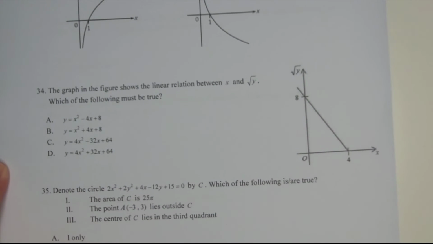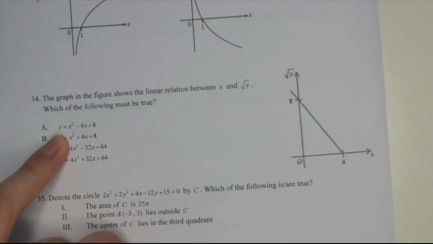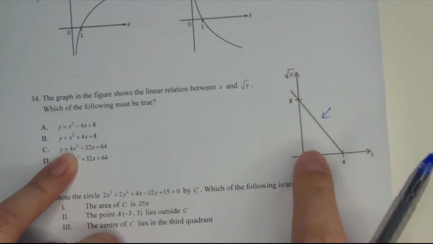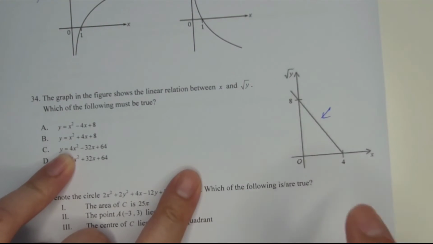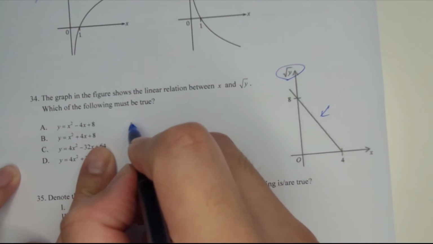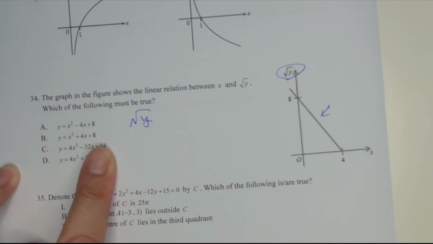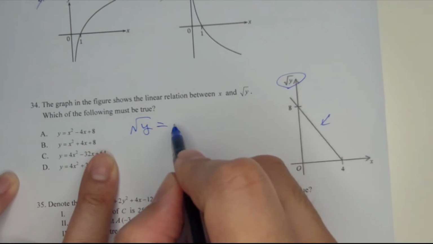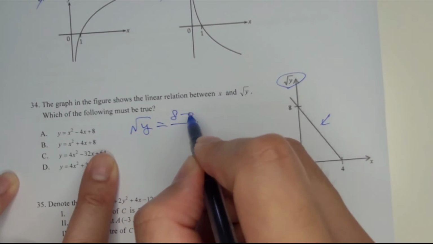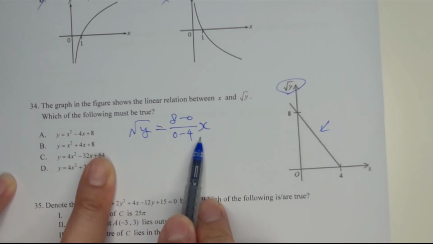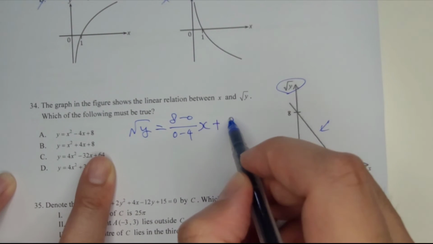So question number 34, you need to find the relationship between x and square root y. So you treat this one as a straight line, but what we can do is treat this as a vertical variable, something like this, equals the slope of the straight line, that is (8 minus 0) over (0 minus 4), times the horizontal variable x plus a vertical intercept a.